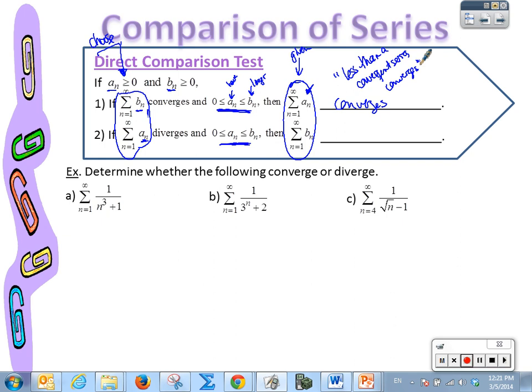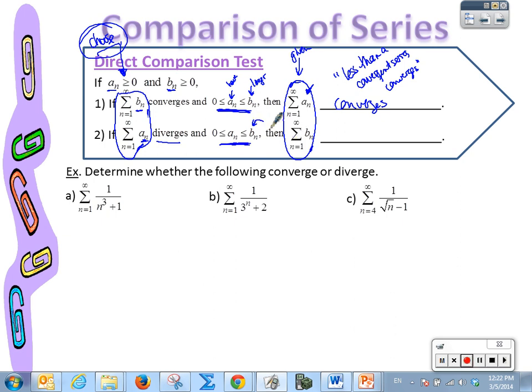So let's look at the other choice. Let's say that I choose, here's the ones that I'm choosing over here, a series that diverges. And I'm going to compare it to the series that I have. This is the series that I have. If I choose a series that diverges, then the series that I have needs to be larger than the one that I chose.